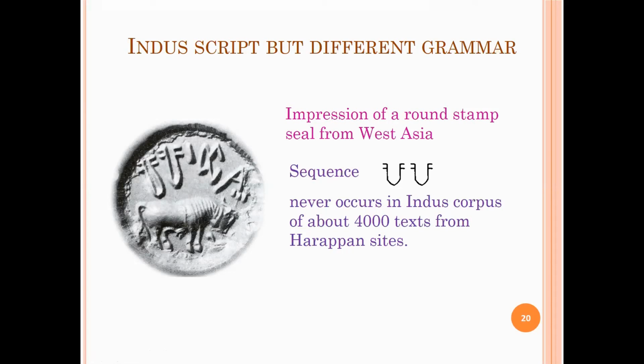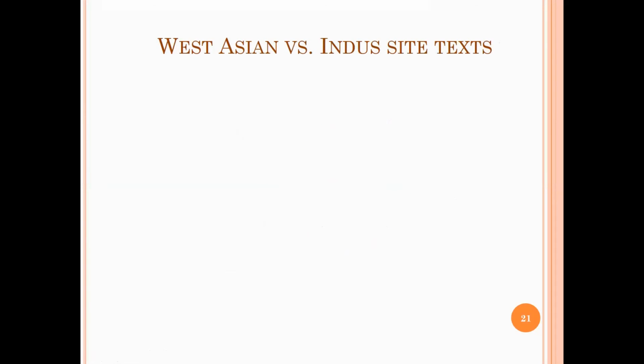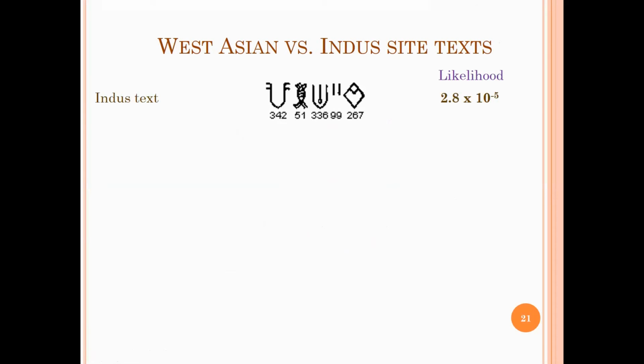So we can actually calculate how likely it is to be generated by the model which we have created, and this is how we compare the writing from different regions. If we take a typical Indus text which follows the normal rules of Indus writing, that is, having a text beginner at the beginning and a text ender at the ending, we end up with a likelihood of about this order.